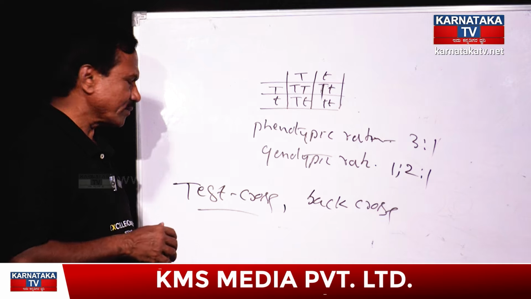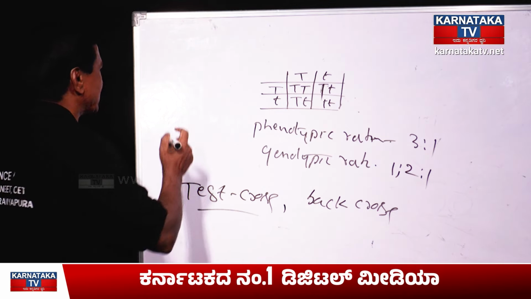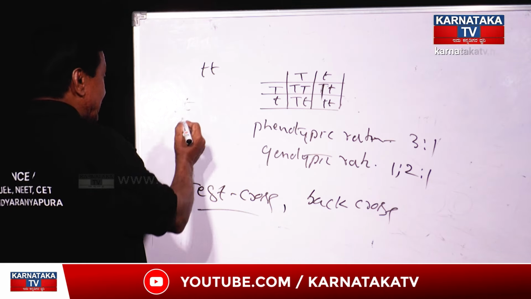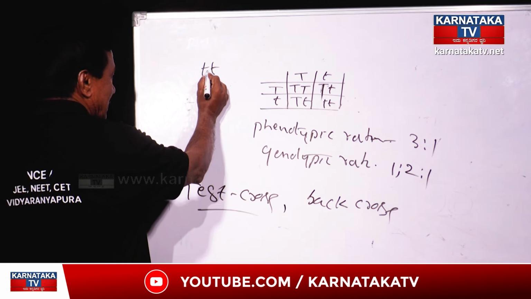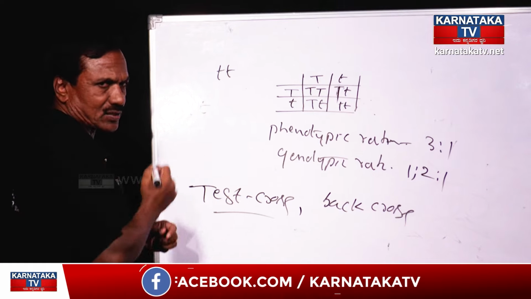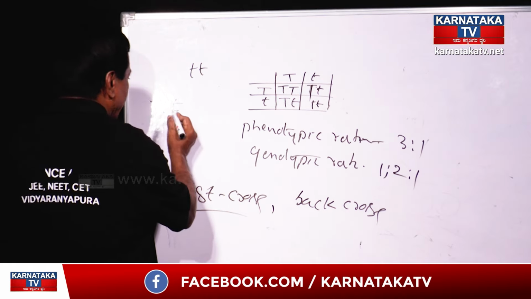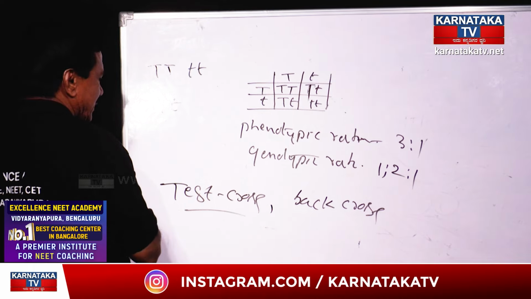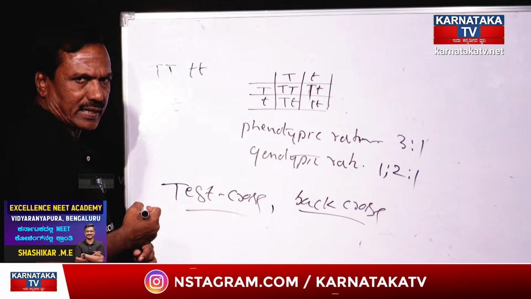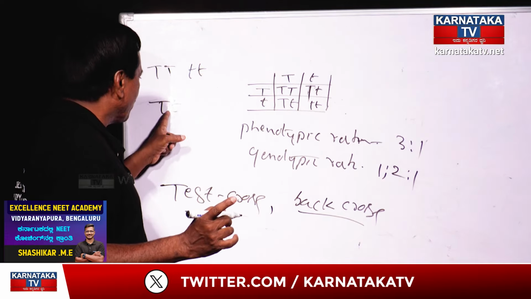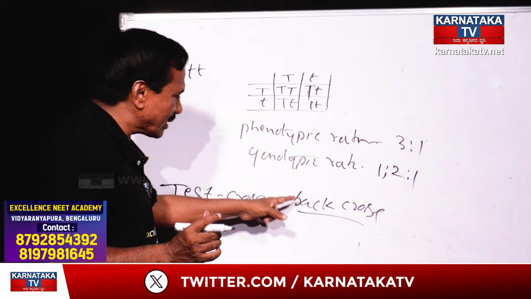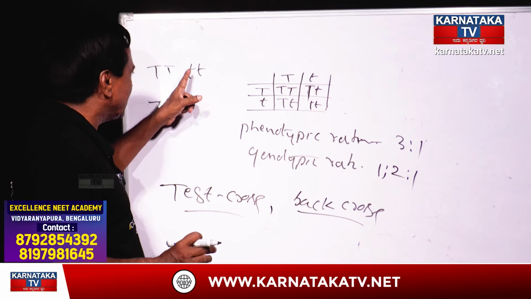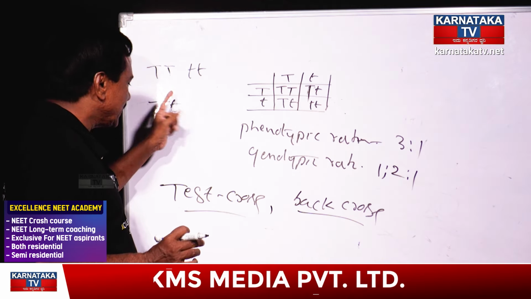For example, this is the F1 progeny and this is the double recessive parent. Crossing of this F1 progeny with this double recessive parent is called test cross. Crossing of the F1 progeny with both the parents can be called the back cross, and crossing of the F1 progeny particularly with the double recessive parent is called the test cross.